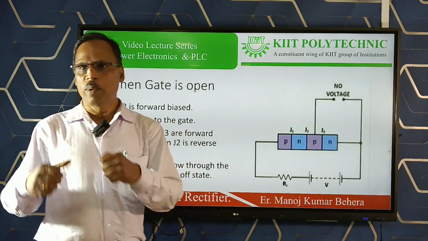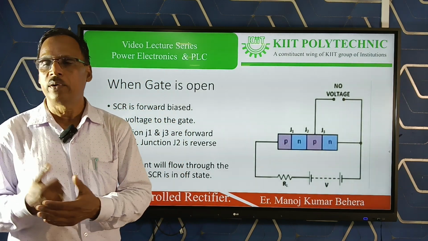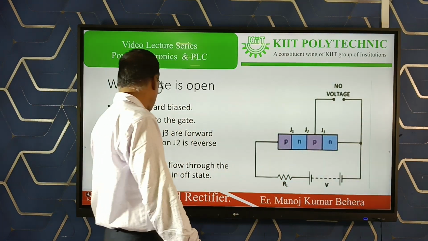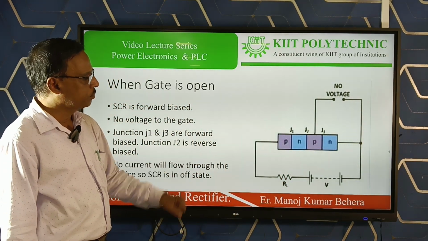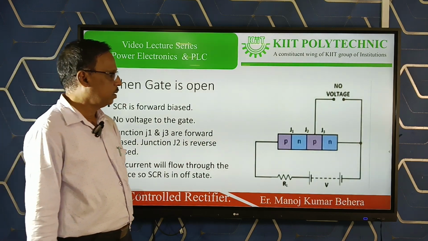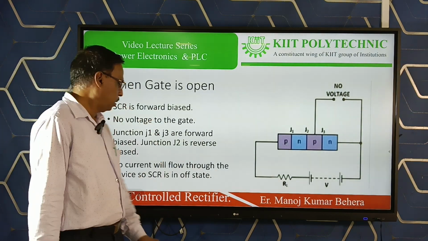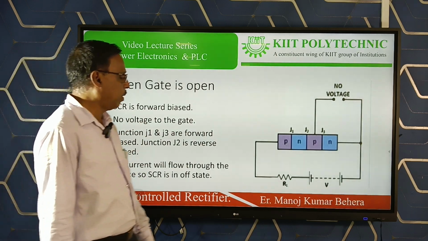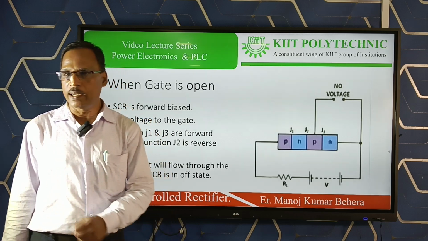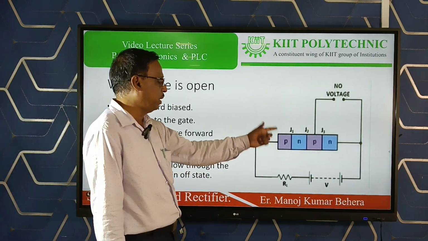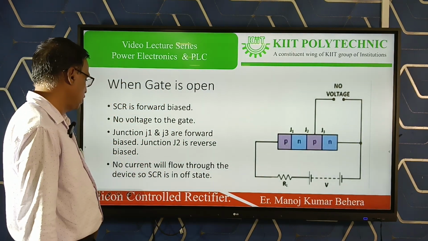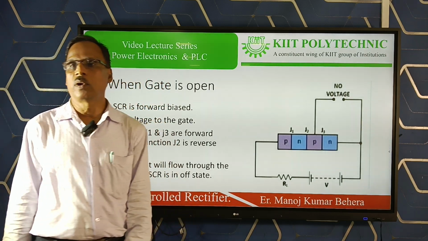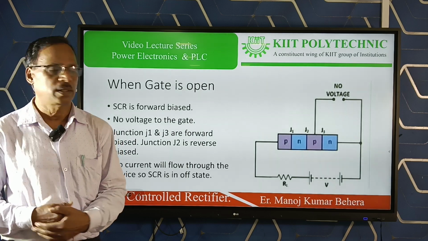So SCR is said to be forward biased because the anode is connected to the positive side of the supply and the cathode is connected to the negative side. In this period J1 and J3 will be forward biased and J2 will be reverse biased. So no current will flow through the SCR, and SCR will remain in the off state.